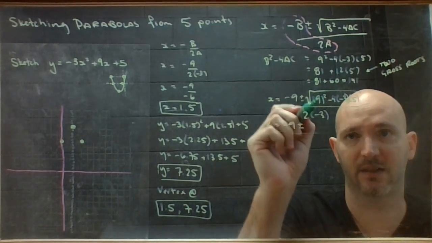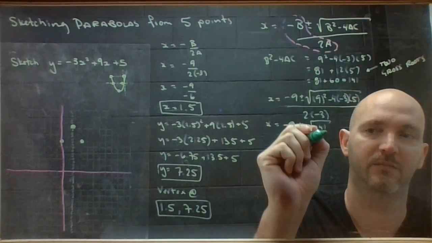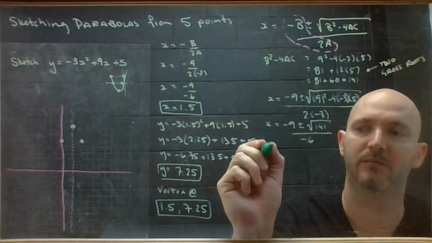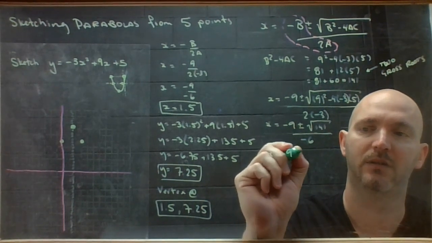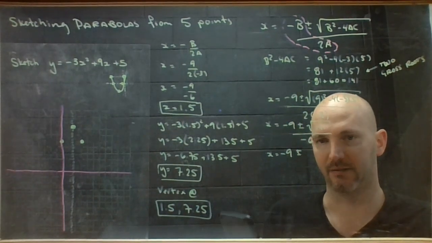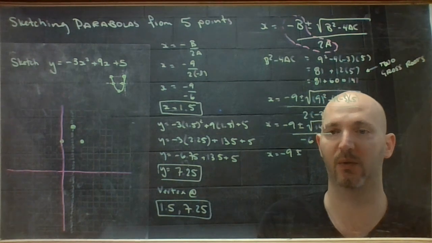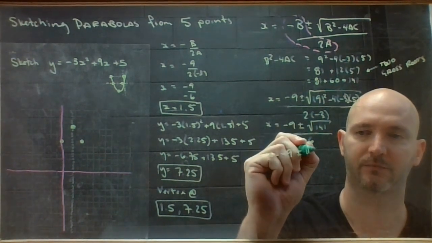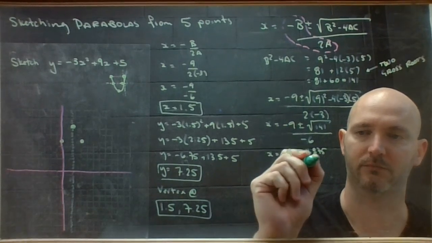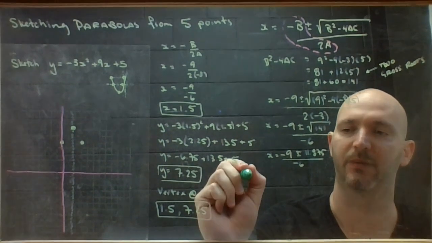Now I just did all this work here and got 141. So I'm going to have to pull out my little silicon friend here and figure out what the square root of 141 is, which is 11.874. So I'll end up with two cases.